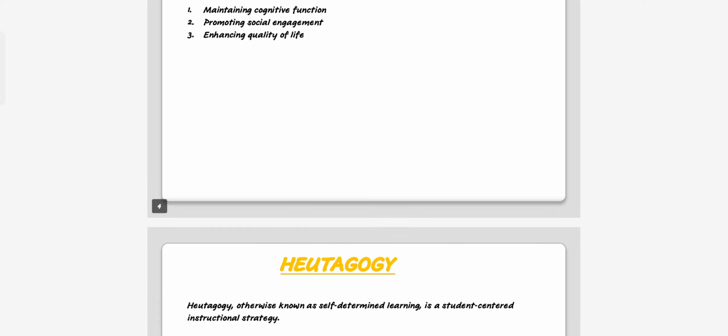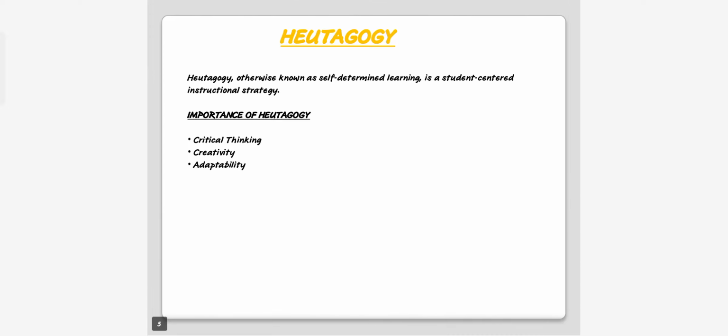Coming on to the next slide, that is heutagogy. Heutagogy, otherwise known as self-determined learning, is a student-centered instructional strategy. Some of the importance of heutagogy are: first is critical thinking. It promotes critical thinking skills as learners actively engage in problem solving, decision making, and evaluating information on their own.